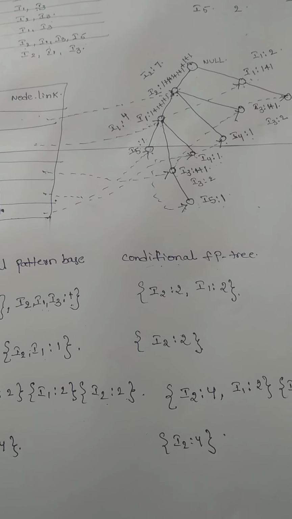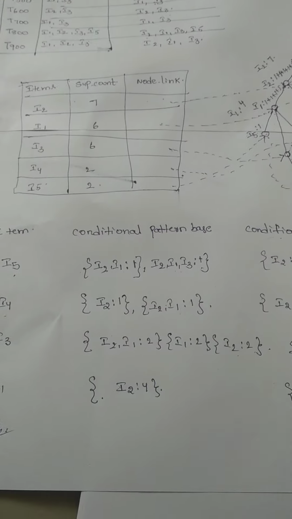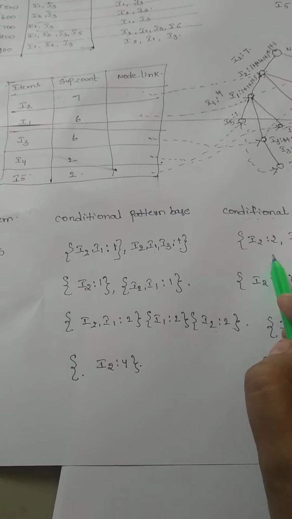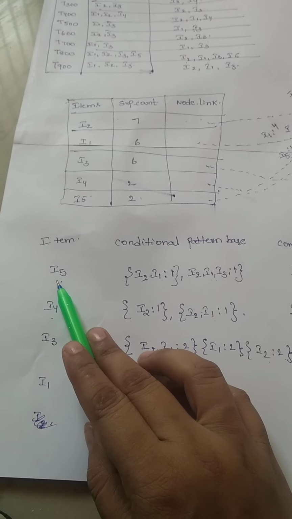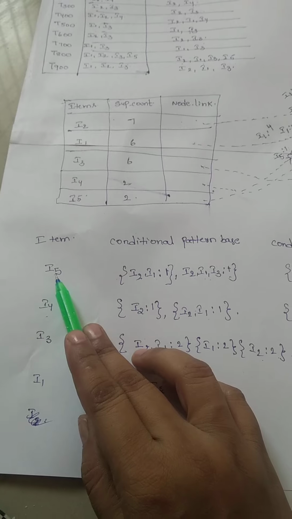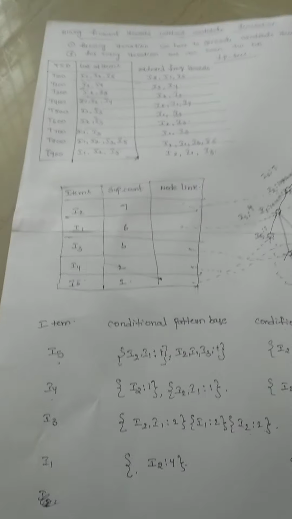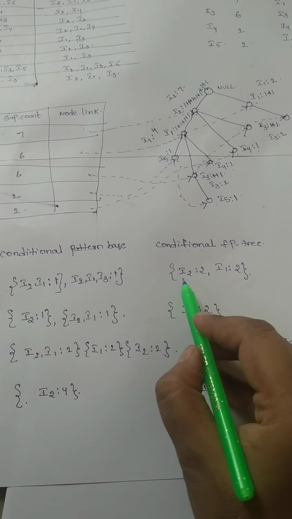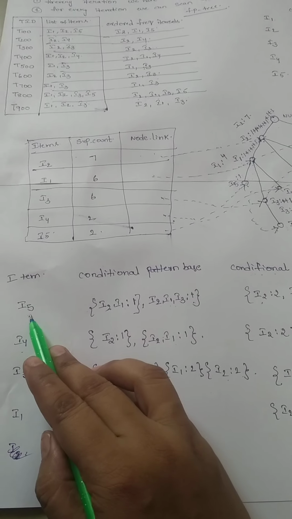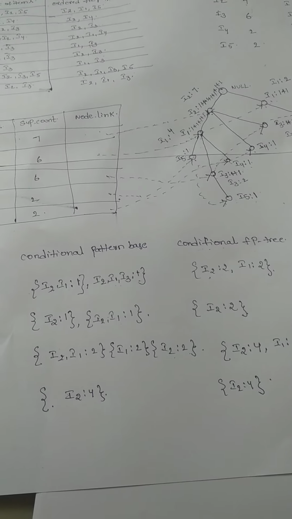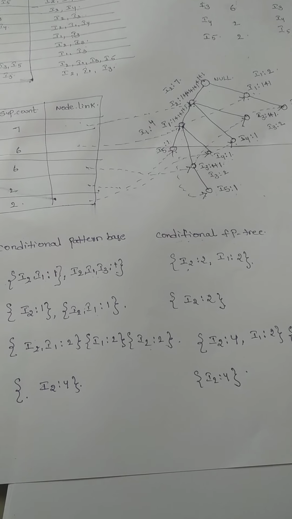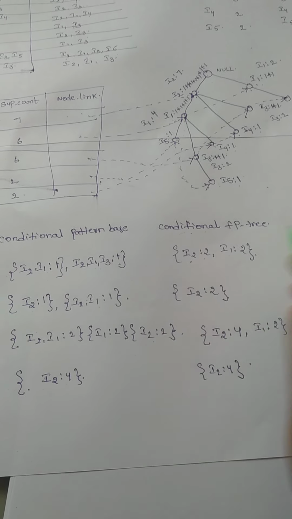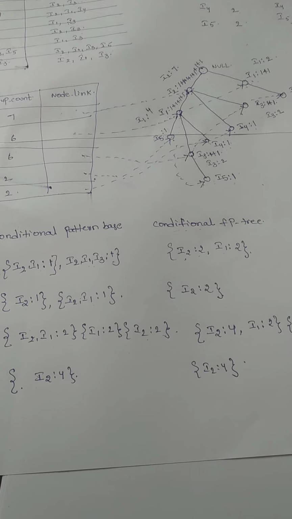Frequent patterns generated means we can combine the conditional frequent pattern tree items with the item sets. Here we have to take I2, I5: I2 comma I5, the value is 2.